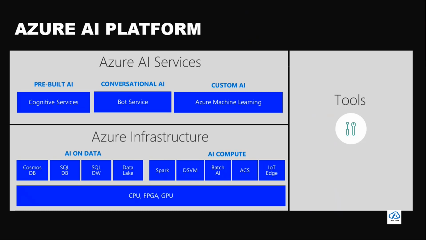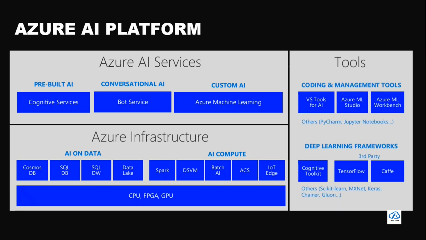And most of all, for the developer community, we have an advanced set of tools, both for coding and for management, that we can use to make best use of these AI services and infrastructure. Put this all together, this is really what the AI platform looks like. Our focus area is mostly around conversational AI. I'm just giving you the big picture here before we delve deep in.